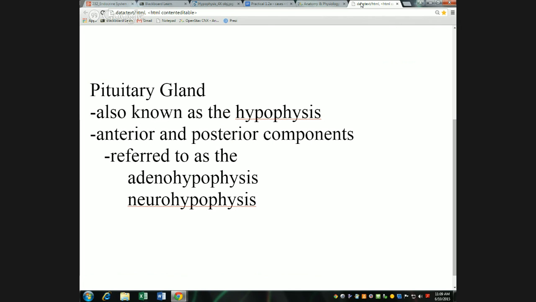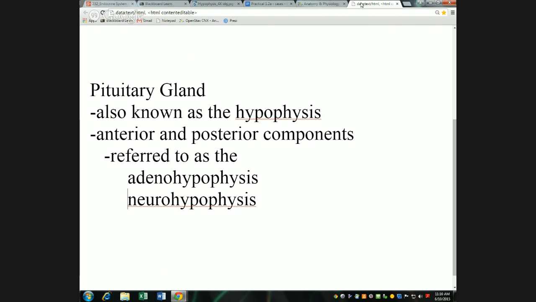With the brain? Brain. Thank you. I don't know where I got brain. Brain is the exact wrong answer. So yes, adeno means gland. Glandular tissue is sometimes referred to as adenoid tissue.